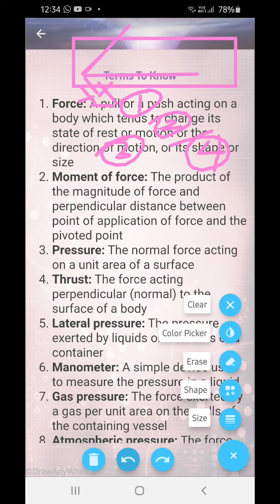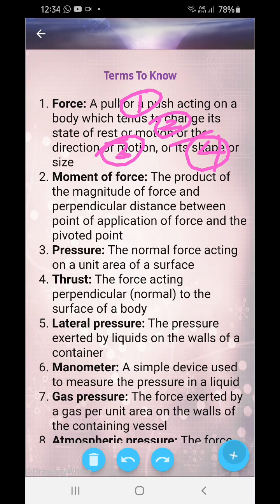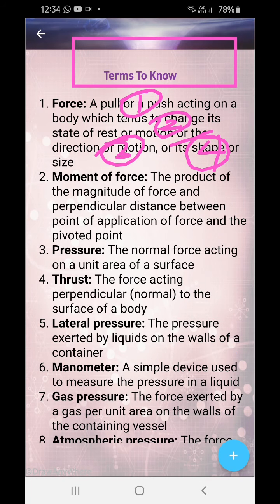Now I'll show you another thing also. Suppose the ball was in this court and the ball was in the state of rest, and now it's in the state of motion.